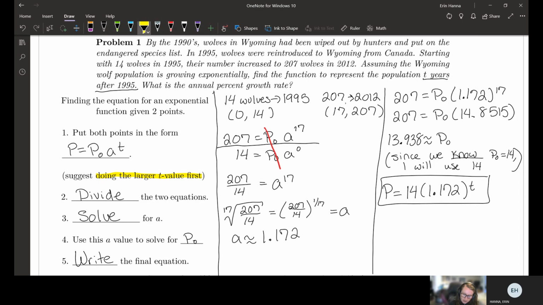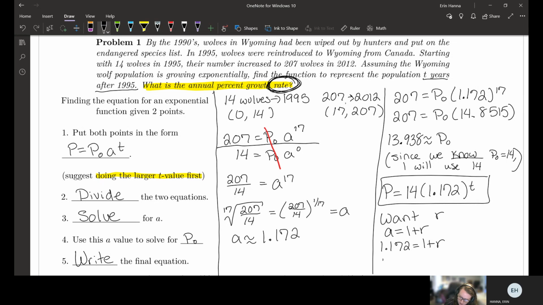Technically, we aren't done here because we are also asked what is the annual percent growth rate. The word rate should tip you off that we're looking for the R value. So whenever you see the word rate, that's asking for the R value. So we want R. Well, we know that A is 1 plus R, and we know that A is 1.172.